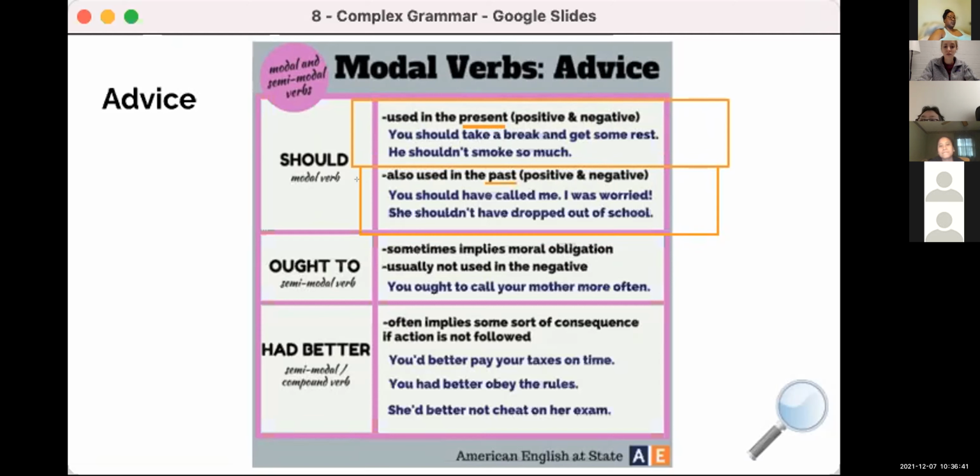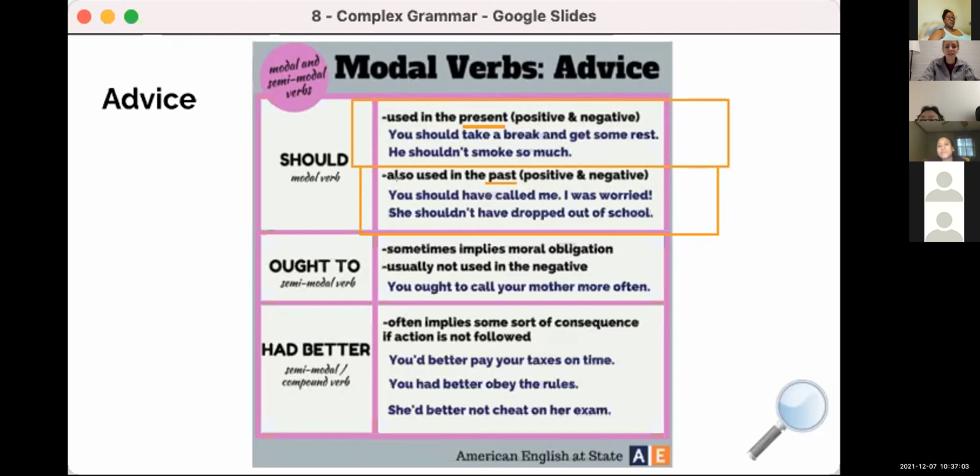You should have called me. You shouldn't have dropped out of school. In the past advice, we're looking back at what happened and trying to give advice again. It doesn't change the situation.